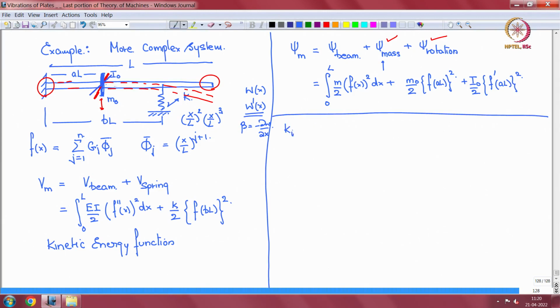Kij, the ijth element in the K matrix, this is equal to del 2 by del Gi del Gj of integral 0 to L E I by 2 f double dash of x squared dx plus k by 2 f of BL squared.